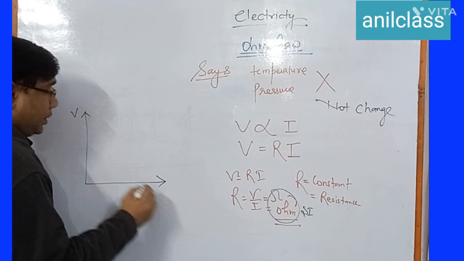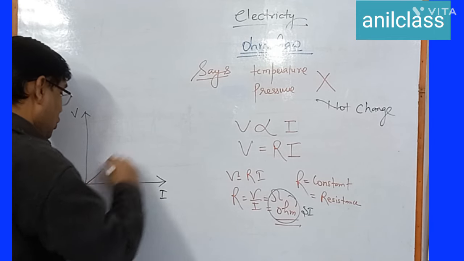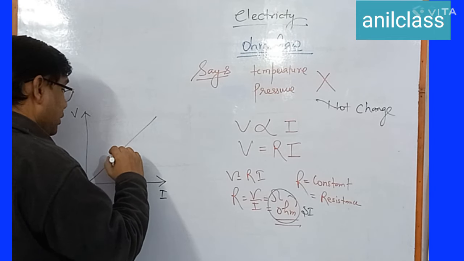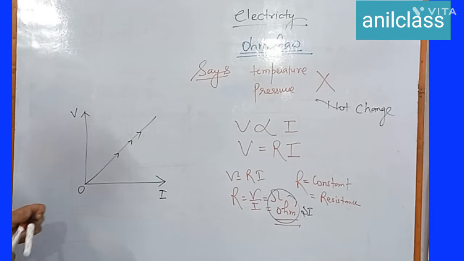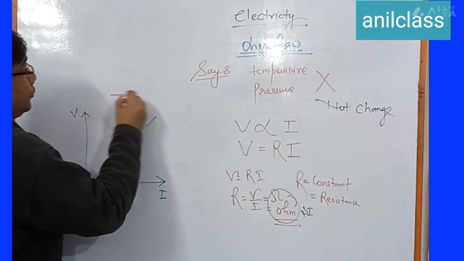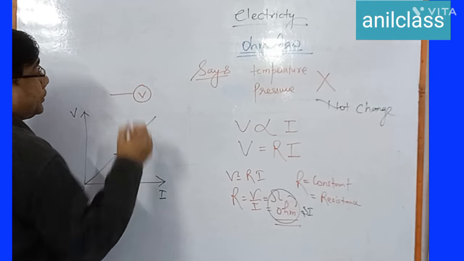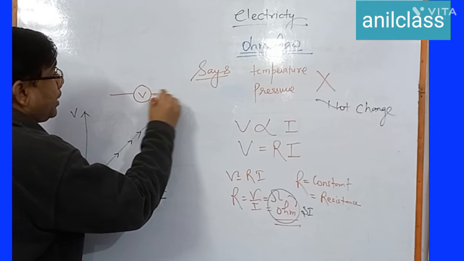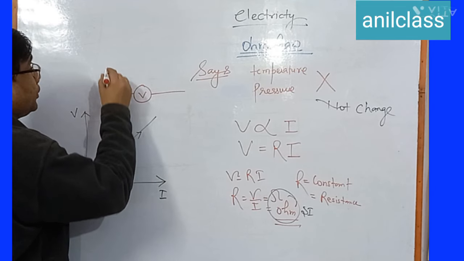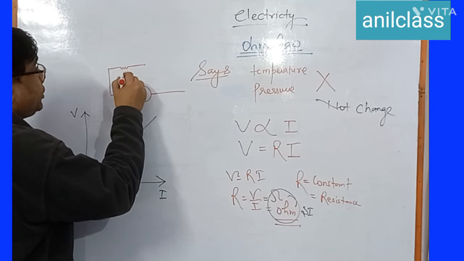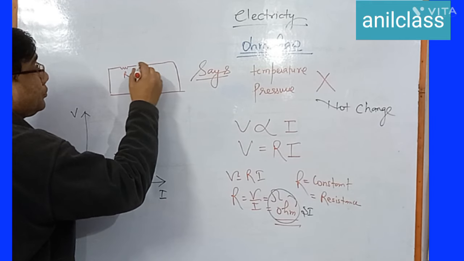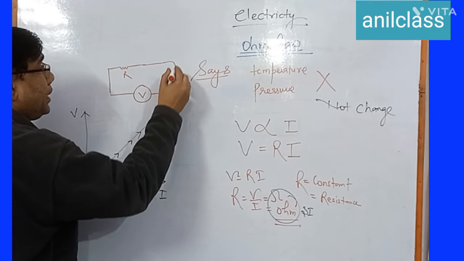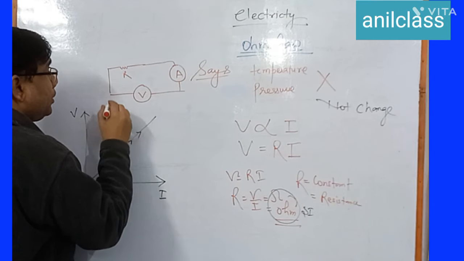Also, if we take a V and I graph, it is always a straight line. The circuit diagram: voltage is always applied in parallel. Suppose a resistance R is applied, and here we apply an ammeter.